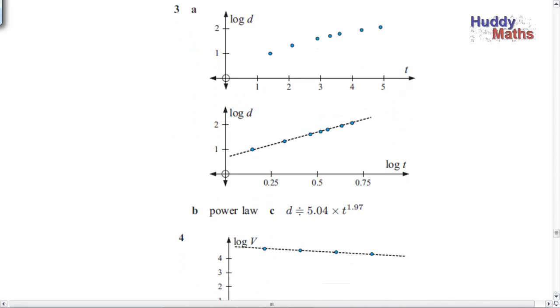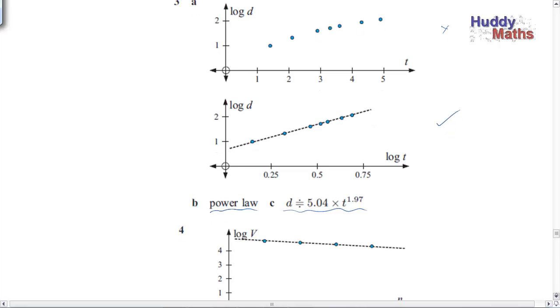So there's 3. Now notice here they haven't given evidence, so that the idea there is that this is not a straight line, but this one is, and then to get the rule, so check that out. Let's have a look at question 4.